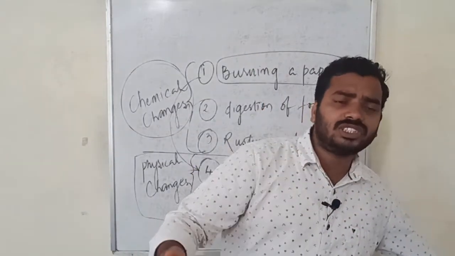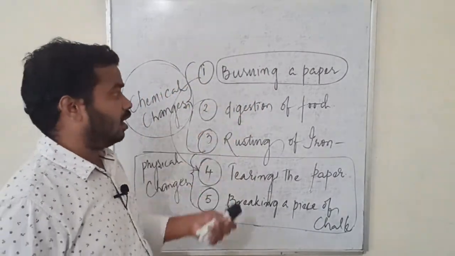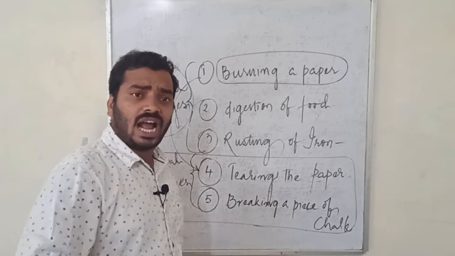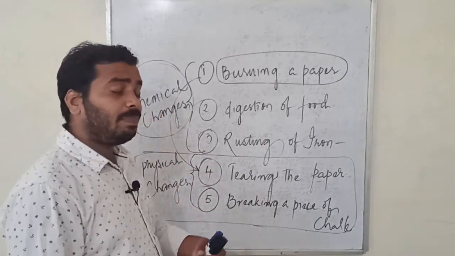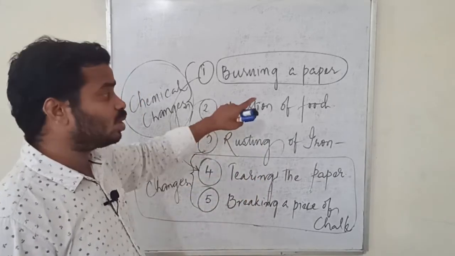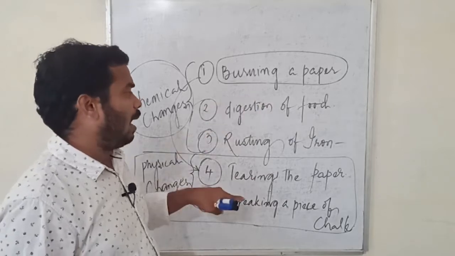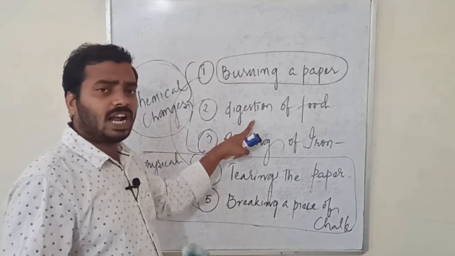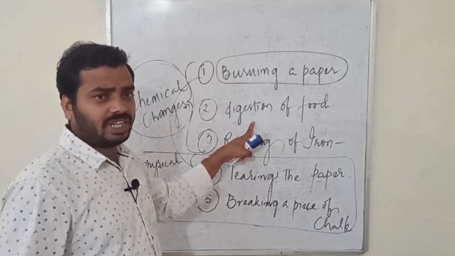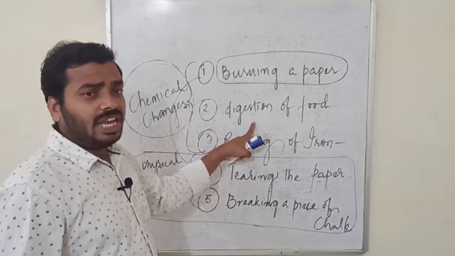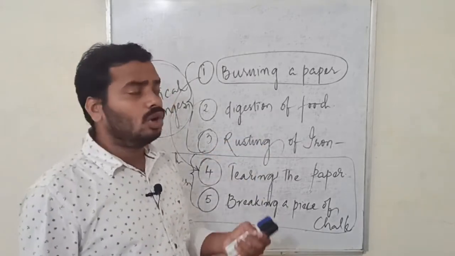Let us say burning of paper means the paper at high temperature in the presence of oxygen, this burning process will happen. Next, digestion of food material: the complex molecules, the starch or cellulose, whatever you have taken in, will be digested and converted into a simpler substance called glucose.